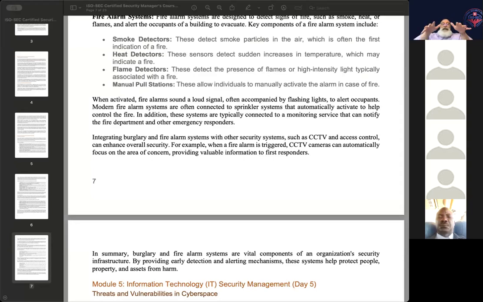By spraying CO2, carbon dioxide, inside the burning area, we take out the oxygen. It's not oxygen anymore, it's carbon dioxide inside.